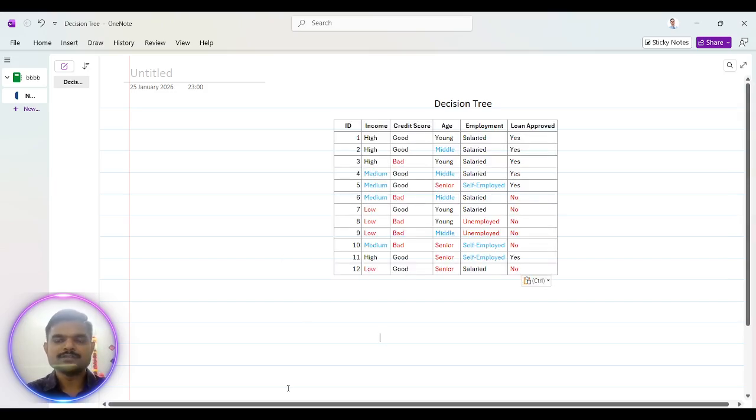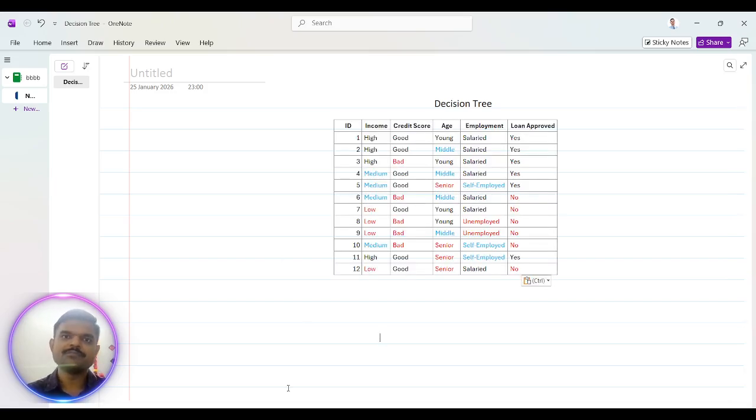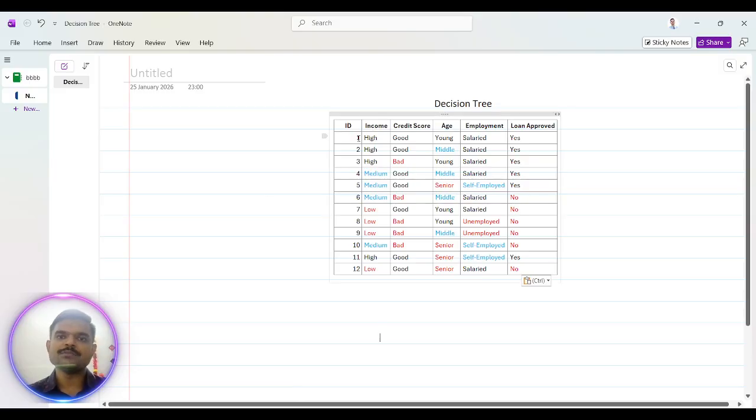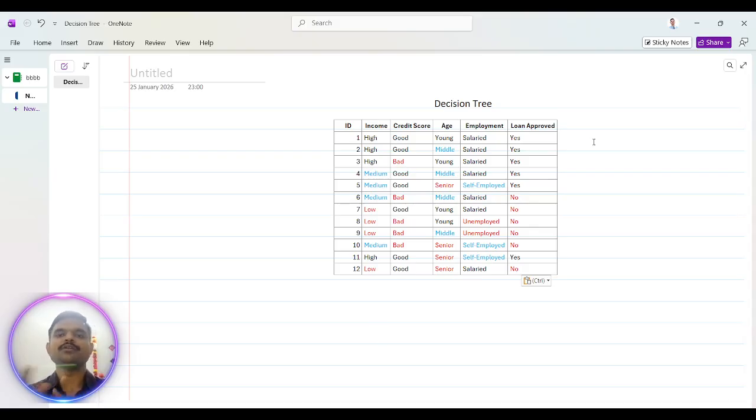And look at this. This is our data set where we have IDs of the customers, we have income column, credit score, age, employment, loan approved. So the column names are very important when you are dealing with any kind of data science project. So this is the decision tree algorithm.